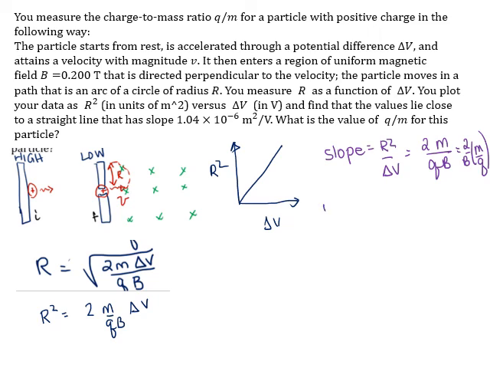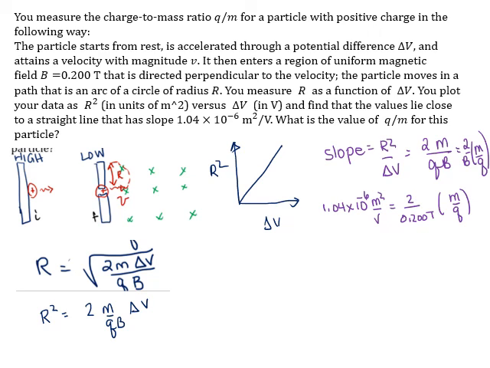So our slope is 1.04 times 10 to the minus 6 meters squared per volt. That equals 2 over the magnetic field, 0.20 teslas, times m over q.